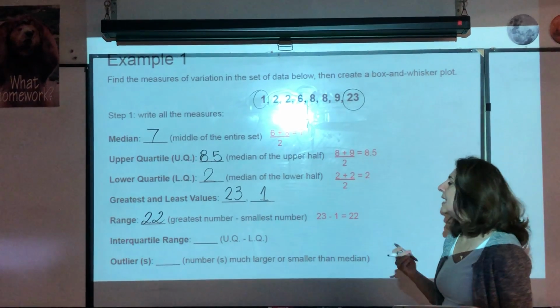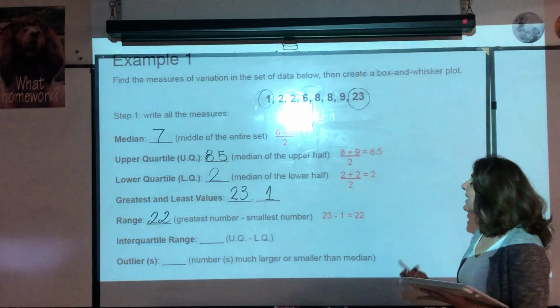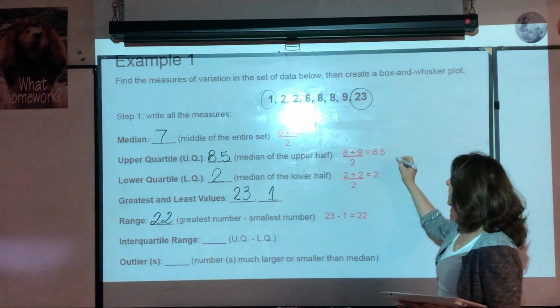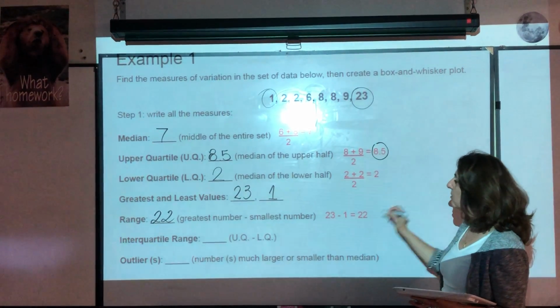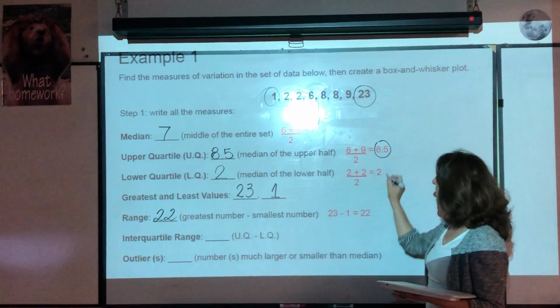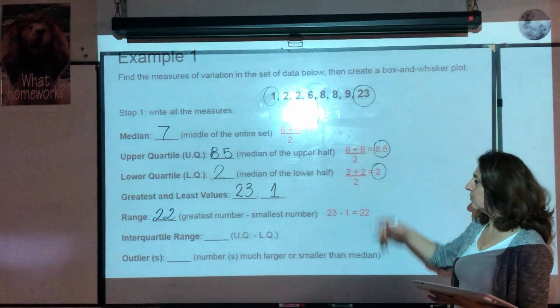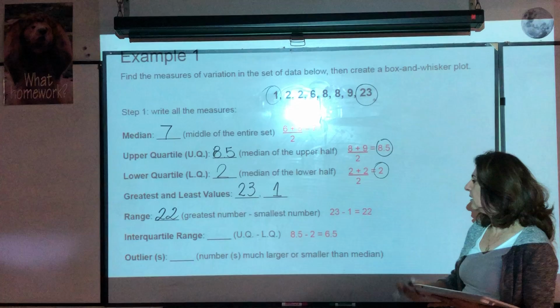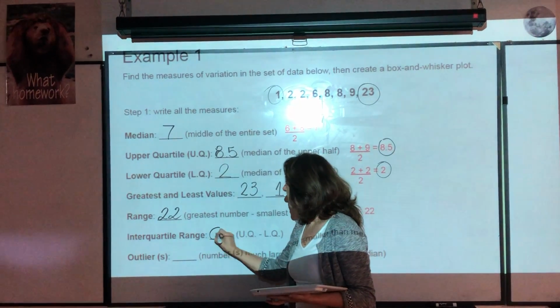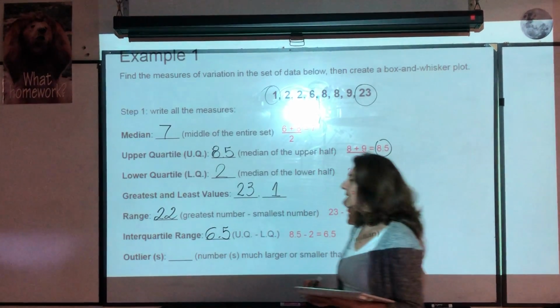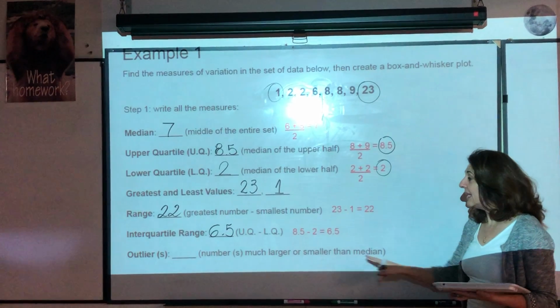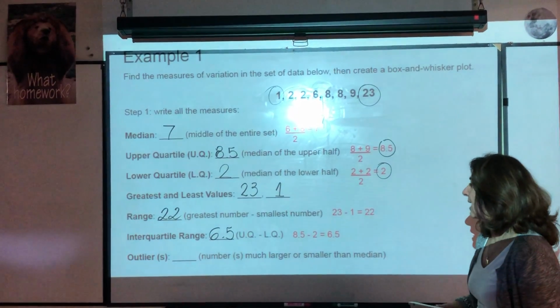And now the interquartile range. The interquartile range is going to be the upper quartile minus the lower quartile. So 8.5, take away 2, put it over here, 6.5. And now I have to find outliers.